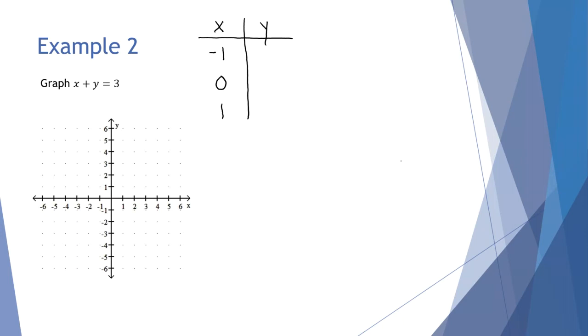If you have something with fractions, I usually choose a number that I can divide by the denominator. So if I have a fraction and it's 1/3, I will pick numbers like 3, 6, or 9, things that I can divide by that fraction, because that usually makes things easier. But you can pick these x values. You can choose anything you want.